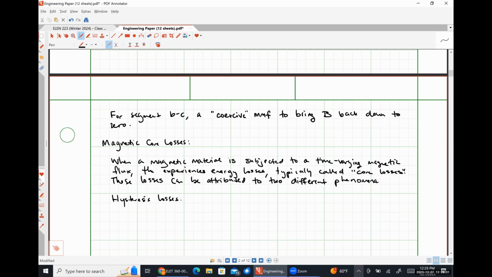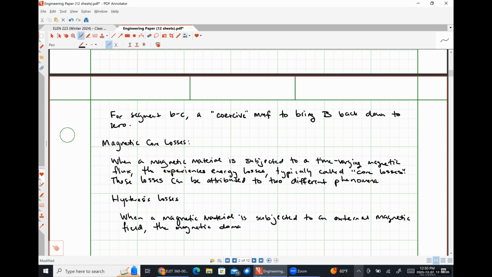When a magnetic material is subjected to an external magnetic field, the magnetic domains tend to align with the external field, which is what we've already described.